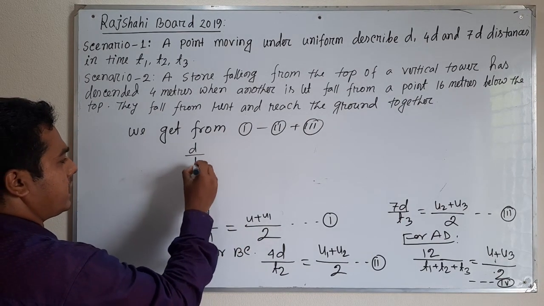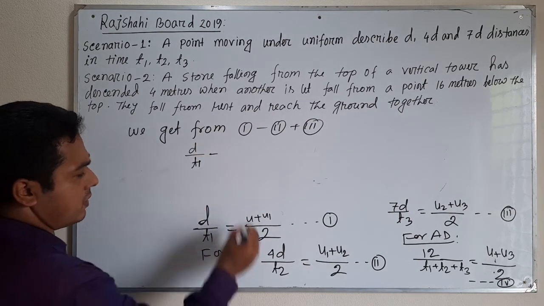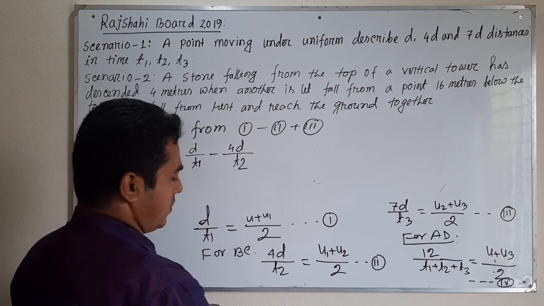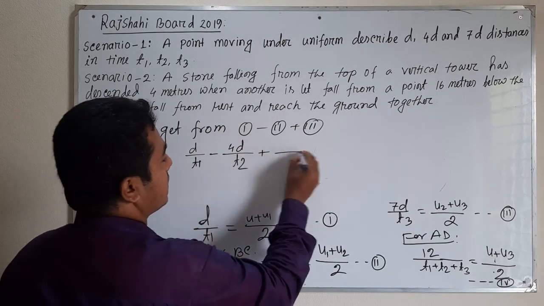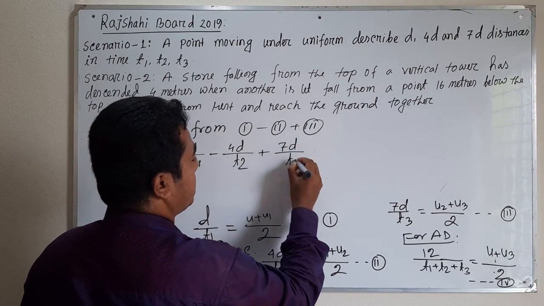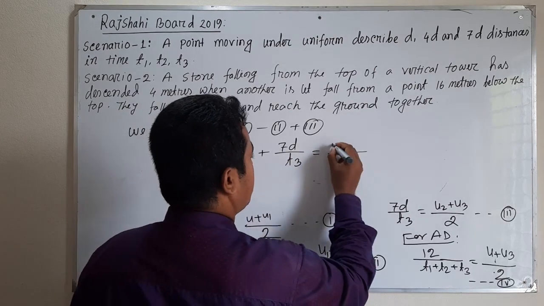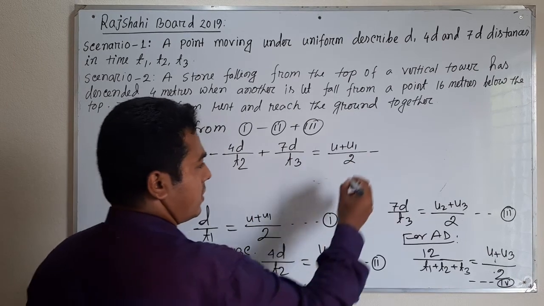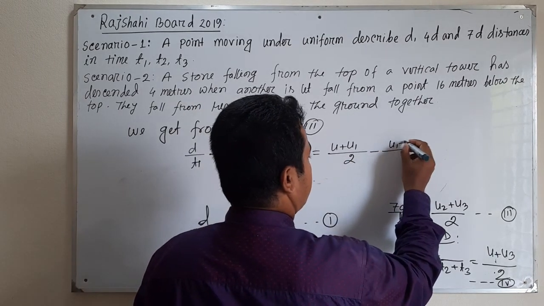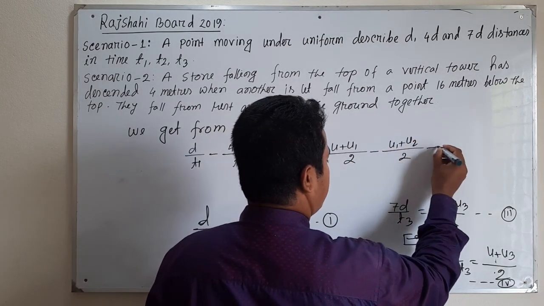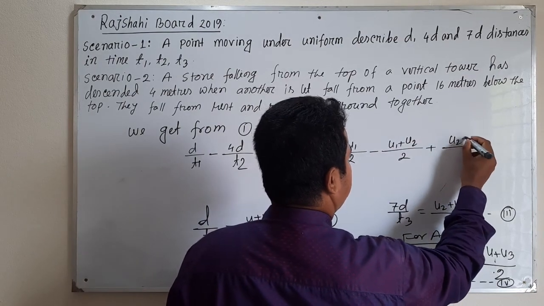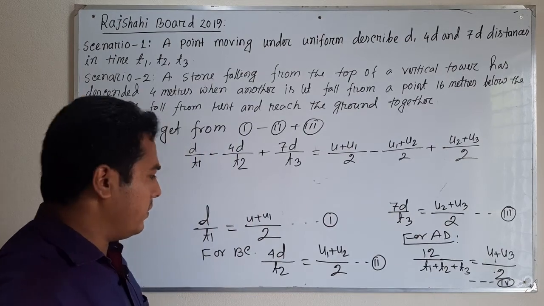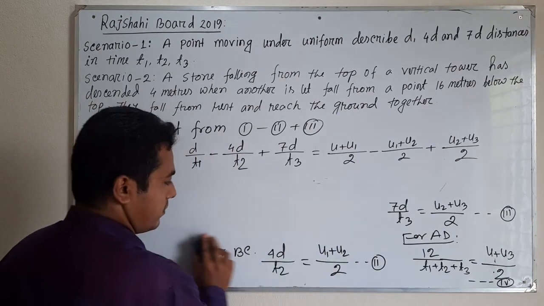D divided by T1 minus 4D divided by T2 plus 7D divided by T3 is equal to U plus U1 divided by 2 minus U1 plus U2 divided by 2 plus U2 plus U3 divided by 2.